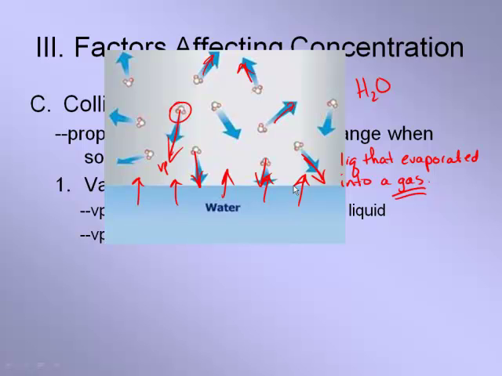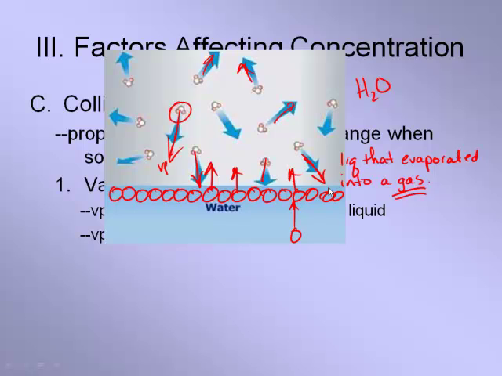Now, let's talk about what happens when we add a solute. Remember, think about this. The only molecules that could possibly evaporate are the ones that are along the surface. You can't evaporate if you're down here somewhere, because you're going to bump into other stuff as you're trying to get up. So the only molecules that can escape into the vapor phase are these molecules along the top.